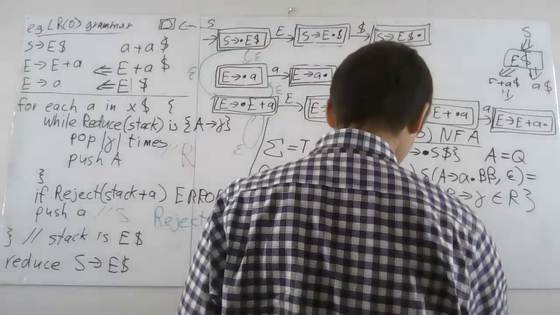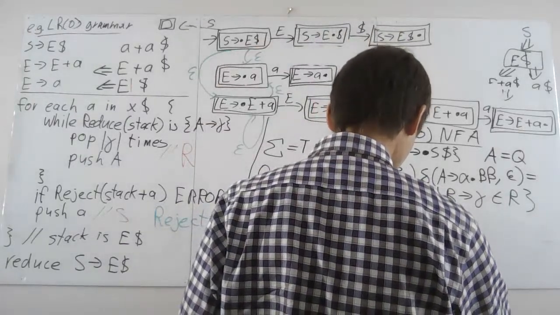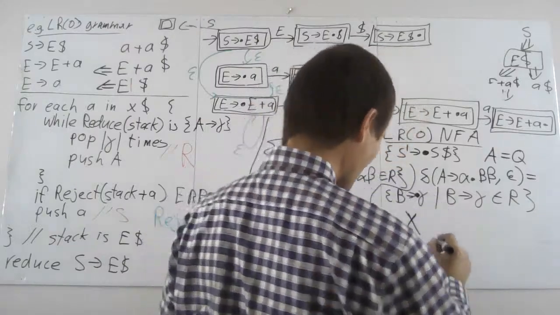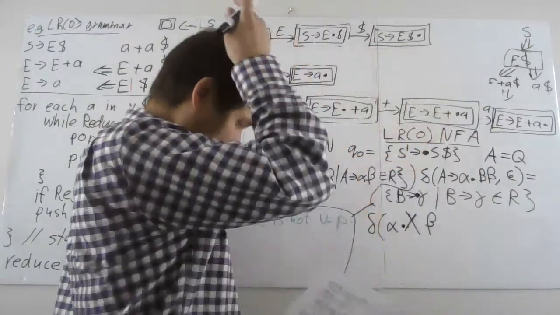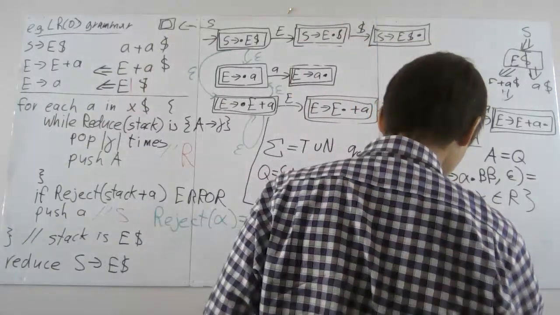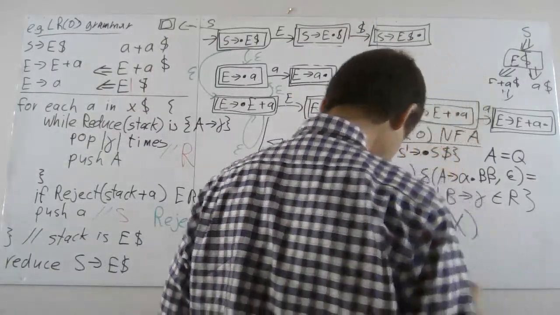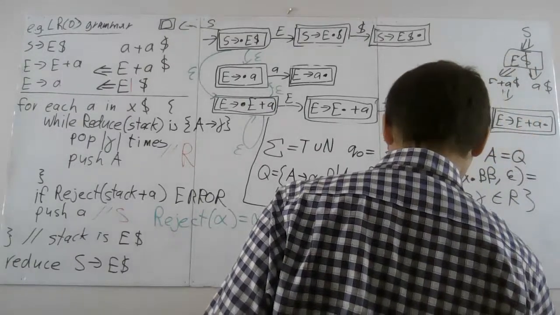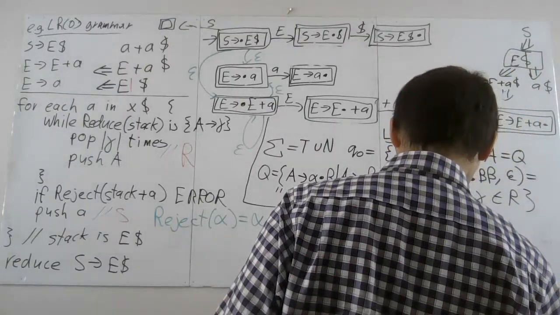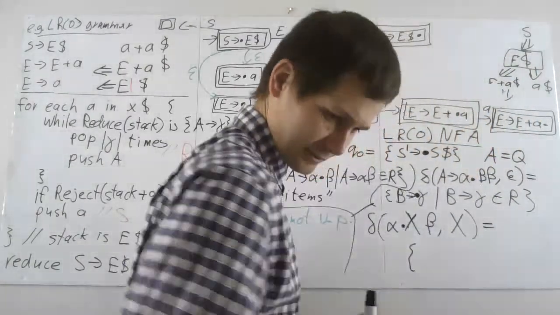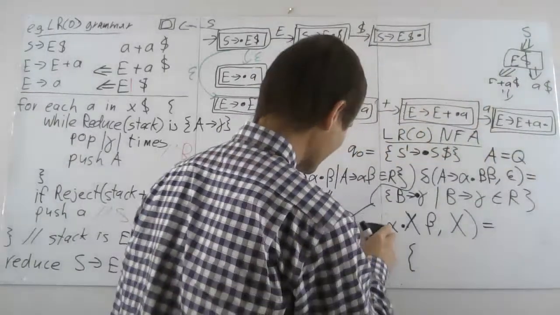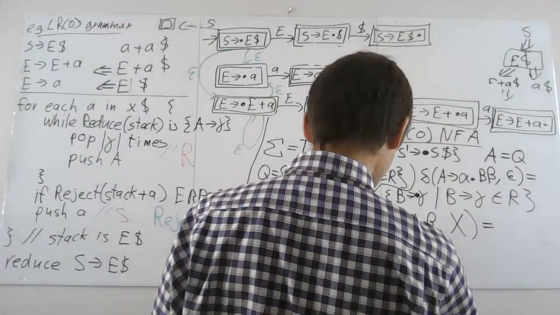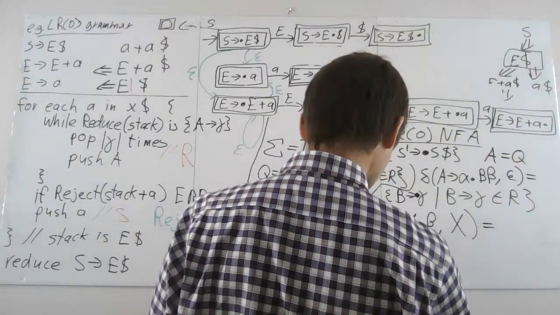But if I have A goes to alpha dot X beta, and this is a capital X, and on an X, you want to go to A goes to alpha.